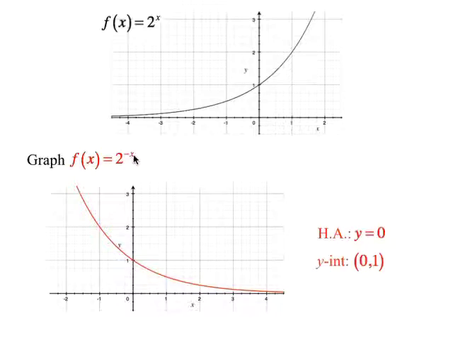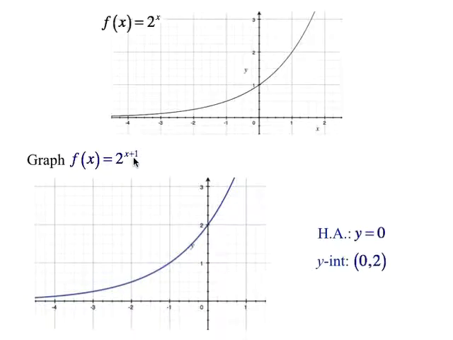So our graph is going to flip over the y-axis. Now we have this curve. What does it do to the asymptote and the y-intercept? Actually nothing. Since it flips over the y-axis, this point stays stationary, so the y-intercept stays the same, and it's still asymptotic to the x-axis.